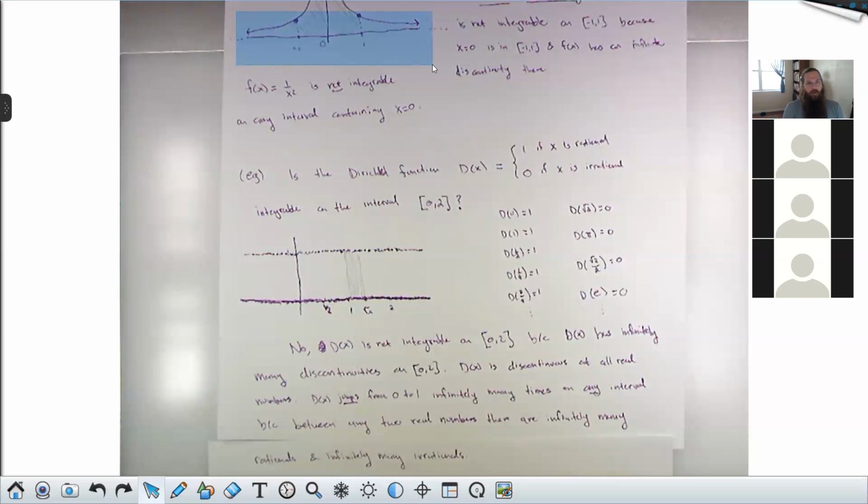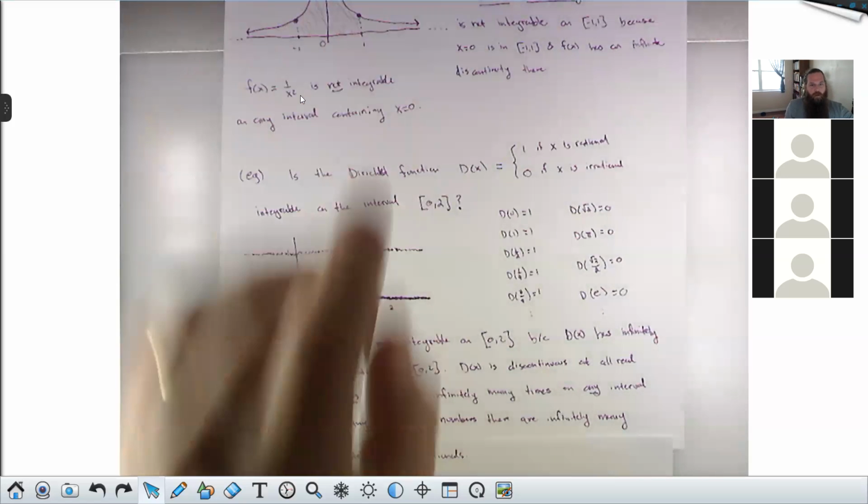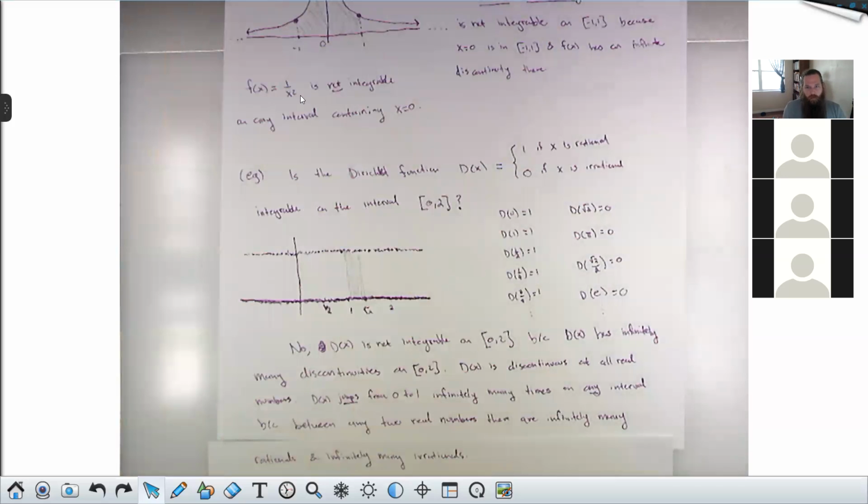The area up here on the 1 over x squared graph turns out to be infinite. But there are functions that look like this that still have finite area. So it's very complicated. But the big thing I want you to take away from this is that neither of these functions is integrable in the Riemann integral sense, in the sense that we are talking about. The Dirichlet function is not integrable because it has infinitely many discontinuities.